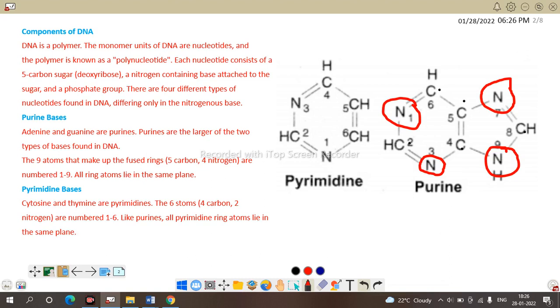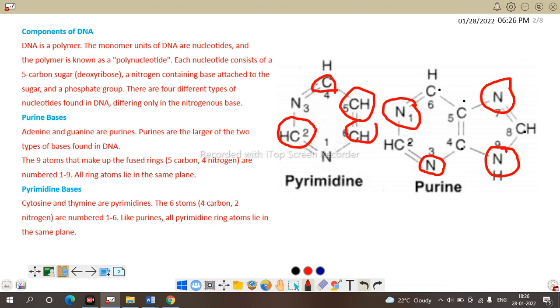Then what about the pyrimidine bases? Cytosine and thymine are the pyrimidine bases. There are 6 atoms, out of which 4 are carbon: position number 4, position number 5, 6 and here position number 2.